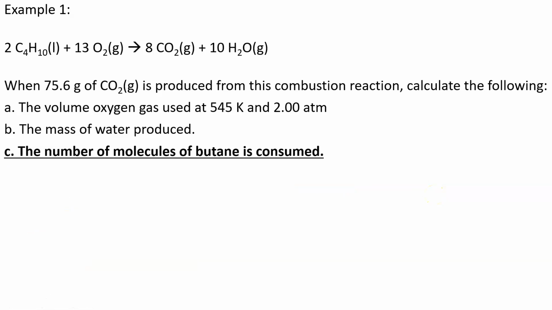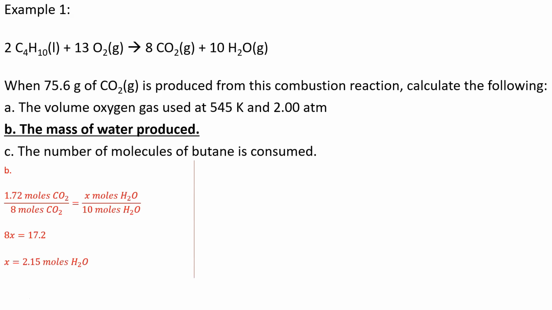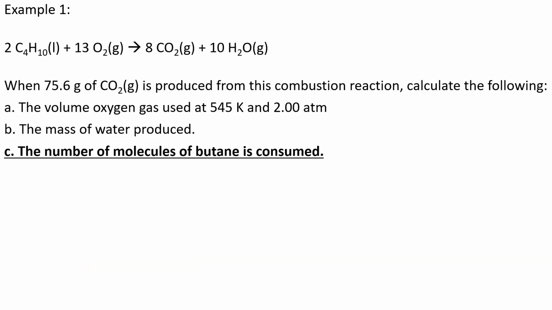Okay, part C in this question, the number of molecules of butane that's consumed. Again, we're going to use the moles of the given, which is carbon dioxide. I believe it was 17, let me check. Yeah, no, 1.72 moles of carbon dioxide. 1.72 moles of carbon dioxide over 8 moles of carbon dioxide, and we're setting it equal to moles of butane.